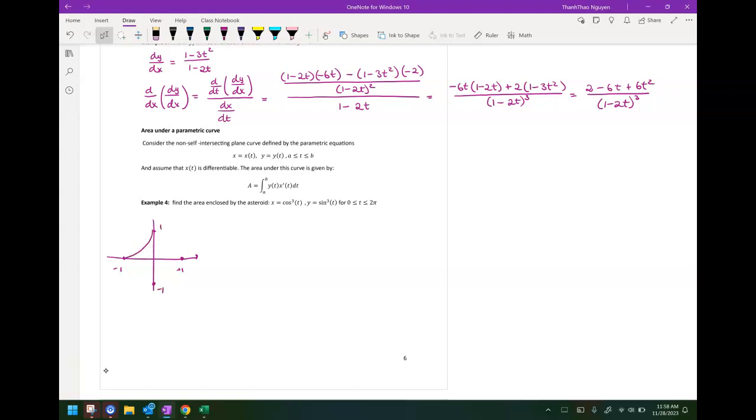So this is what the curve looks like, and it's symmetric. So I can calculate the area of this one piece, then multiply it by 4 to get the area under the curve of the whole thing.